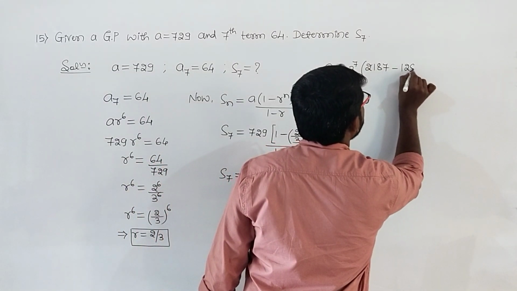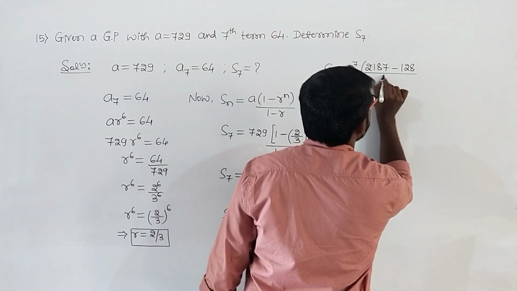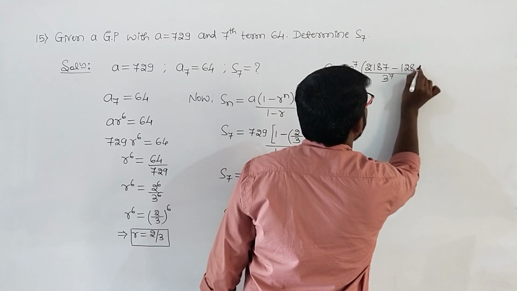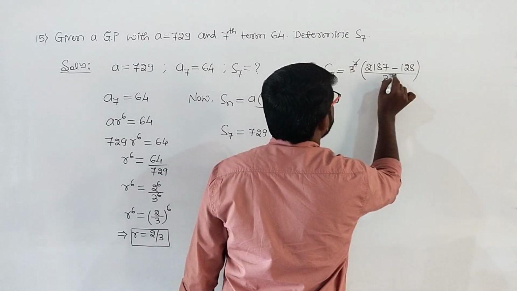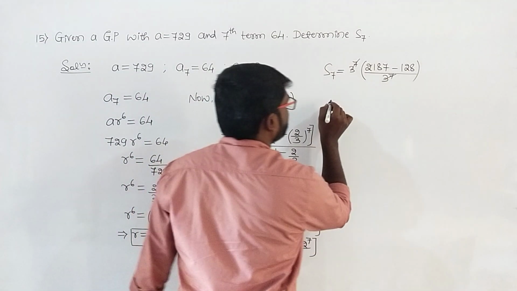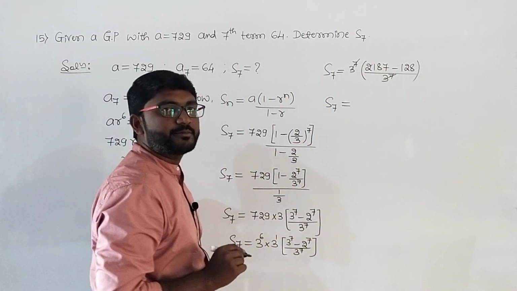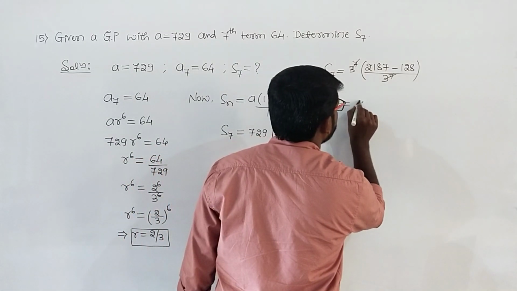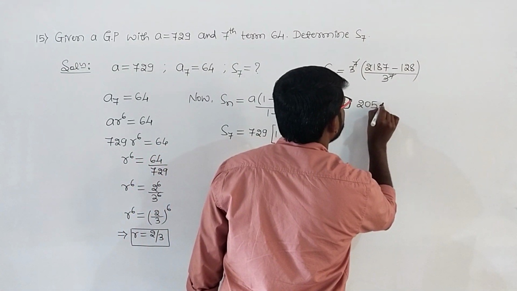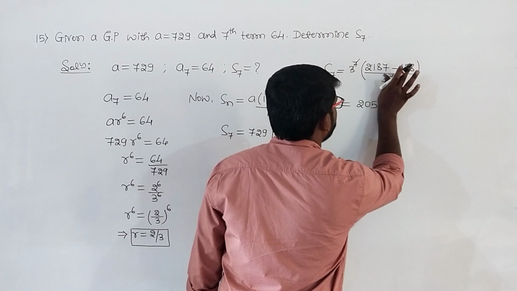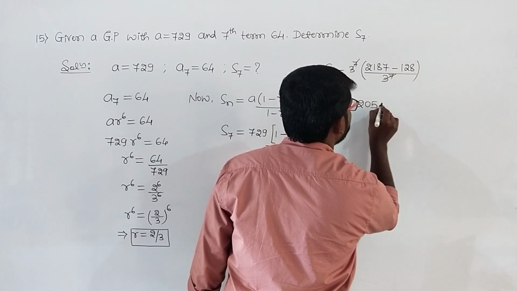It is 128 divided by 3 power 7, write it as it is. Then 3 power 7 and 3 power 7 get cancelled. So S7 is equal to 2187 minus 128, which will give us 2059. This is the required answer.